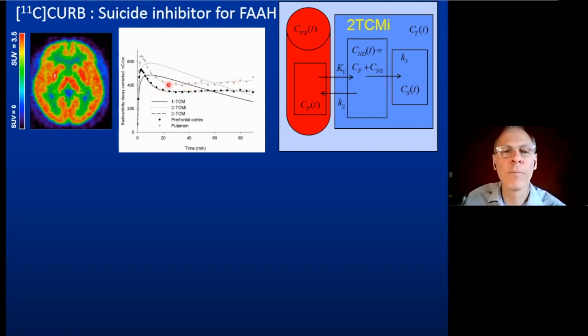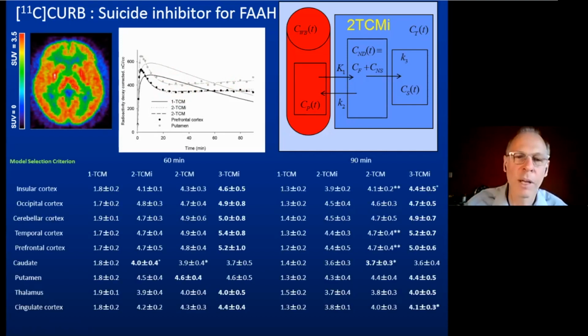But for the prefrontal cortex, the reversible two tissue compartment fits the time activity curves better than the irreversible two tissue compartment. So even when we have an irreversible radioligand, the two tissue compartment reversible sometimes fits better.